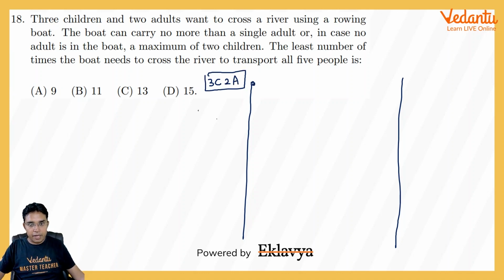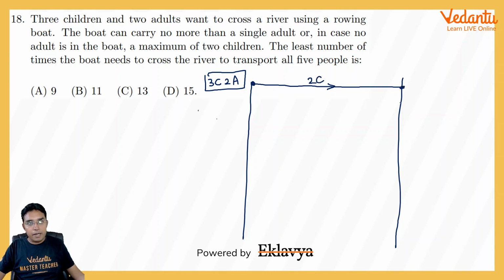So in the beginning, I will send the boat from one end to the other by either sending 1 adult or 2 kids. But if you send 1 adult, then this boat will go there, but how will it come back? If you bring that adult back, then effectively we have wasted 2 rounds. So this first attempt has to go with 2 kids only.